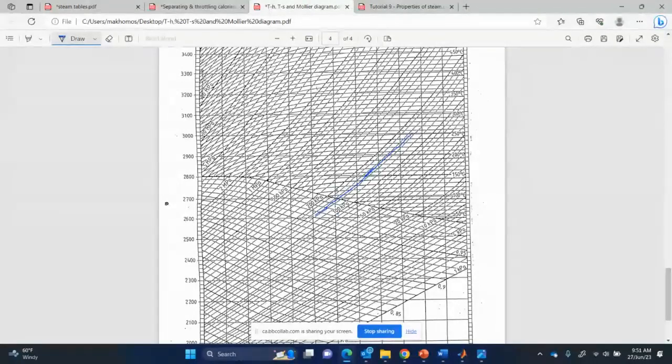And then the temperature is 100 here, 110, 120, 117 is here. So the intersection is at that point, and I'll take a ruler.